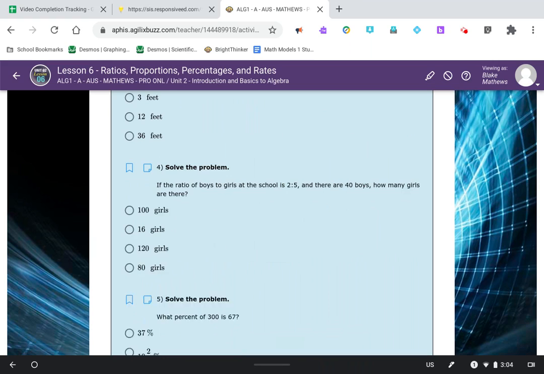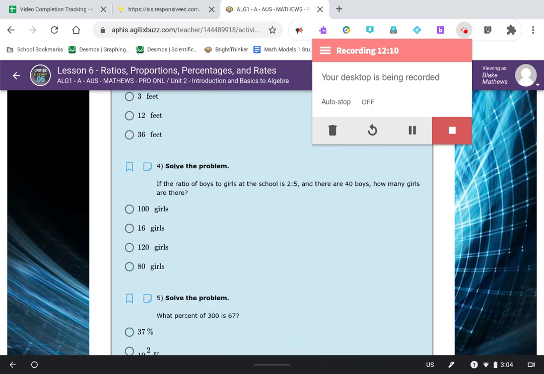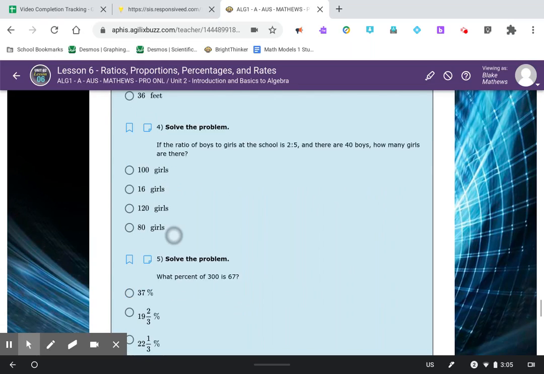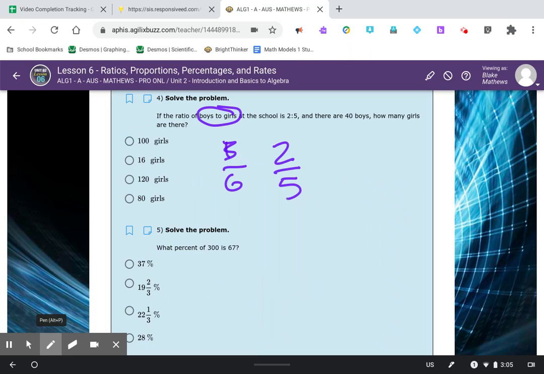Same here. The ratio of boys to girls is 2 to 5. That's 2 over 5. And there are 40 boys. Make sure you line up boys with boys, girls with girls. All right. So looking at the next one, we have ratio of boys to girls. We have boys and girls, 2 and 5.